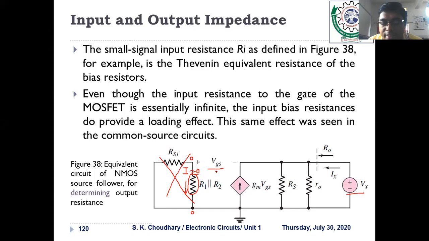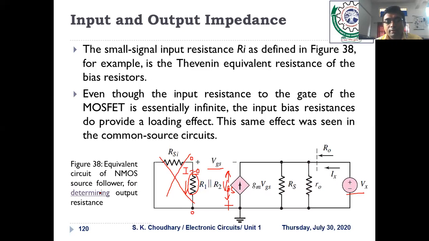Now for VGS, negative polarity is at the top and positive is connected to the ground side. So can we consider it like this? This is your VGS. The parallel network is the same, but the polarity of VGS is opposite to that of Vx.